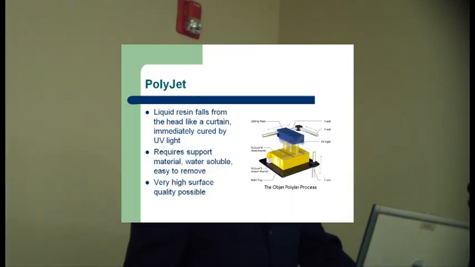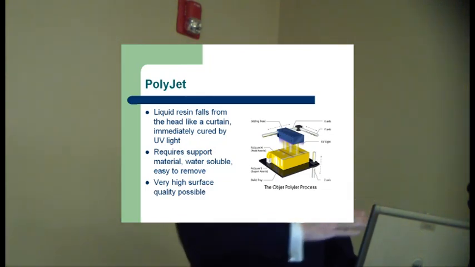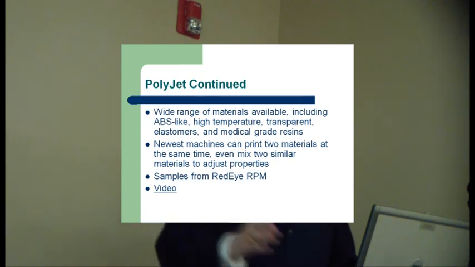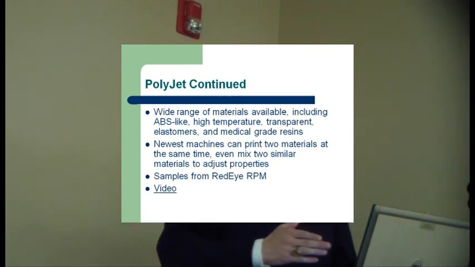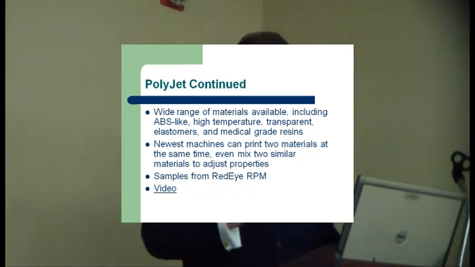Now, PolyJet, this one is interesting. Instead of having a head that moves back and forth as it goes across, it just does a sweep across and drops down sort of like a curtain of material. And they all can do a support material and a regular material.